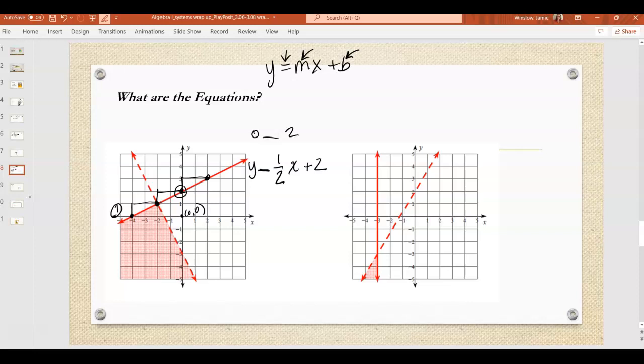It's not currently shaded over 0, and that's okay, because they've only shown you the solution to the system, the parts where they overlap. But because you know it's below this line, you know it's going to continue. So we know 0, 0 is true, which means we want to make this a true statement. So 0 is less than 2. So there's our inequality.